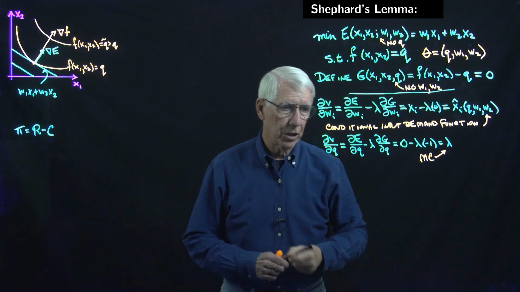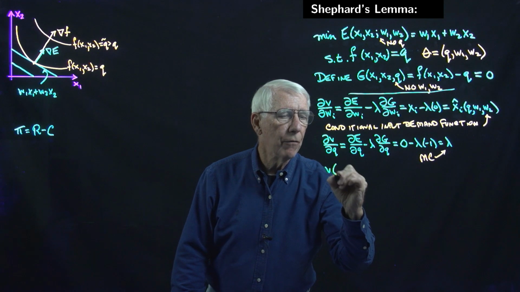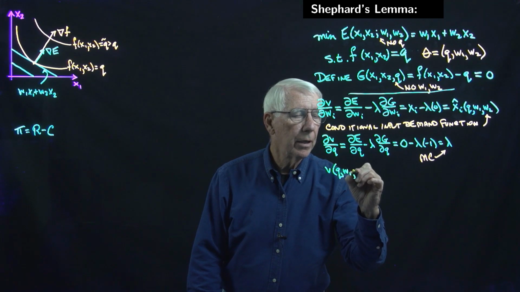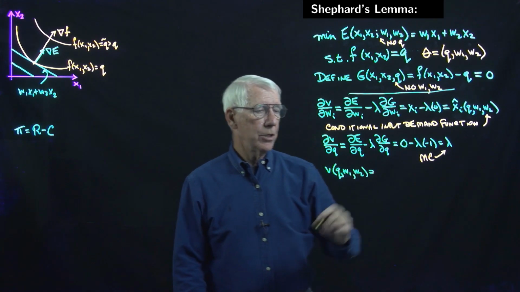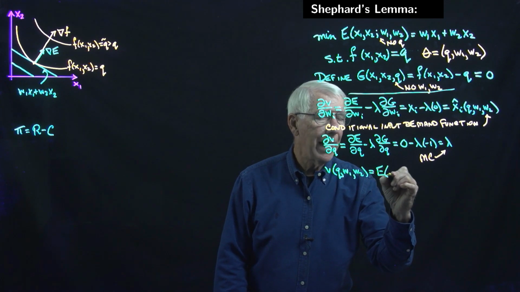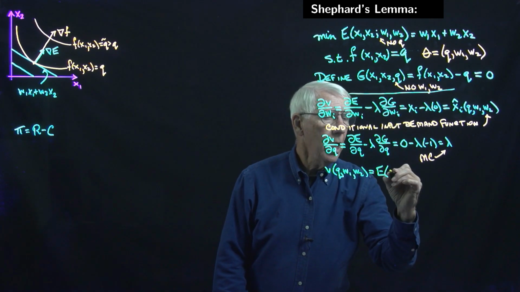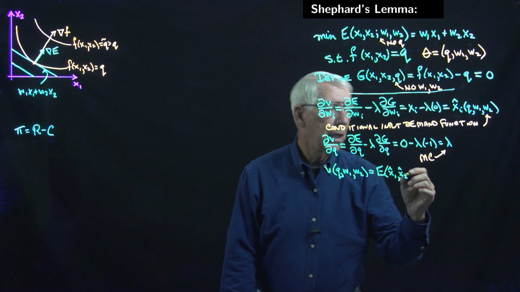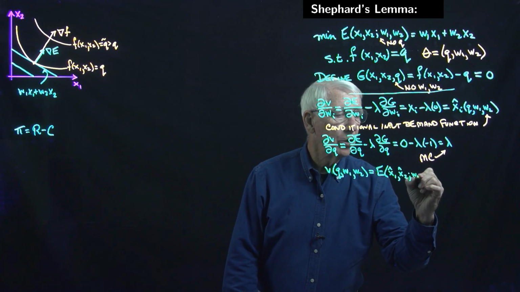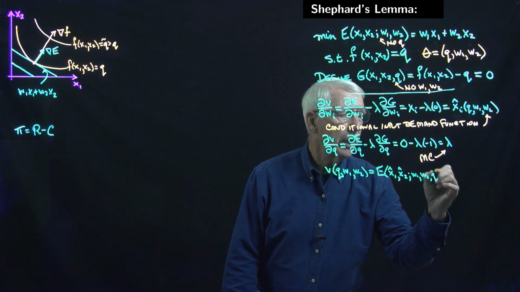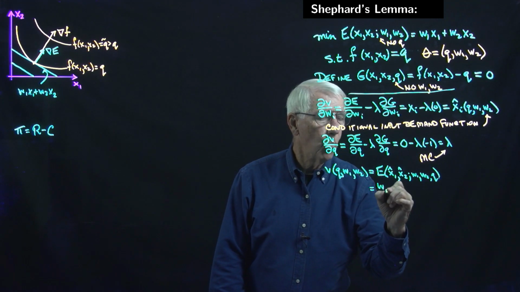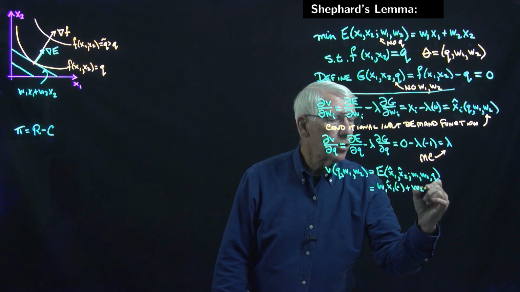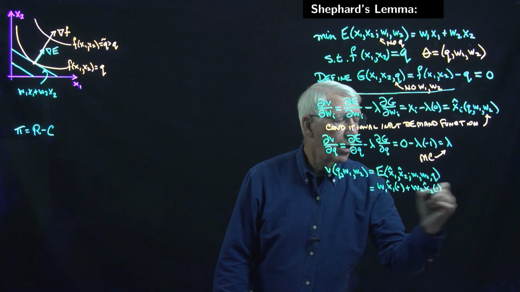And in fact, let's go just a little further. Let's note that the value function, of which these are the derivatives, is, of course, just the objective function evaluated at x1 hat, x2 hat, and then we'll put the parameters in here, W1, W2, and I'll even put in Q here. That is, it is W1 x1 hat of the parameters plus W2 x2 hat of the parameters.